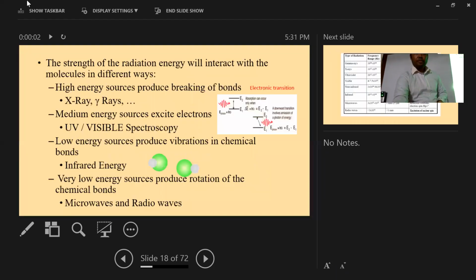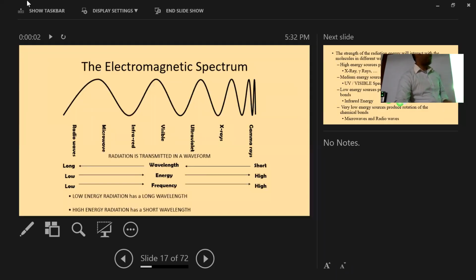So here, high energy sources produce breaking of bonds. That means what I have shown, X-ray or gamma ray, these are very high energy because, as I have told, the wavelength is very short.